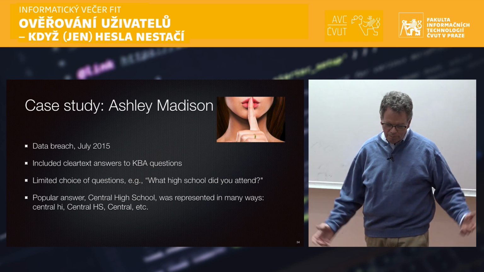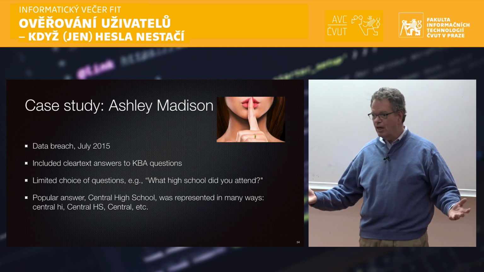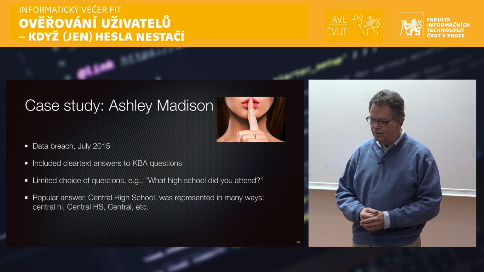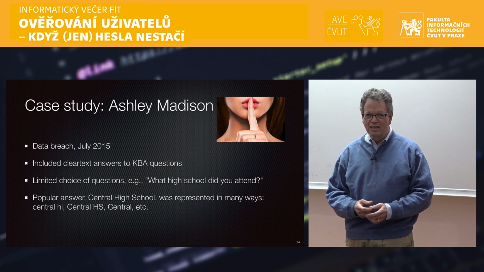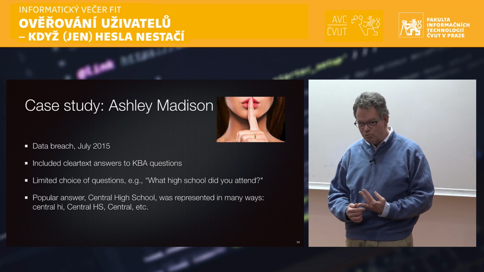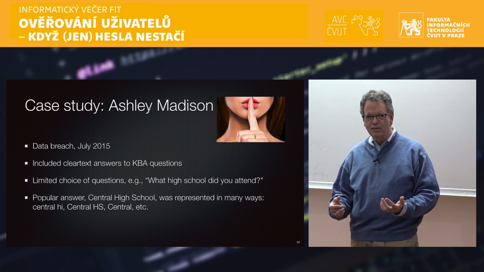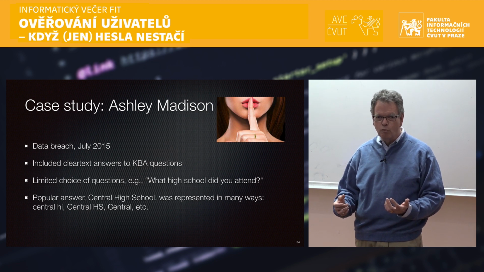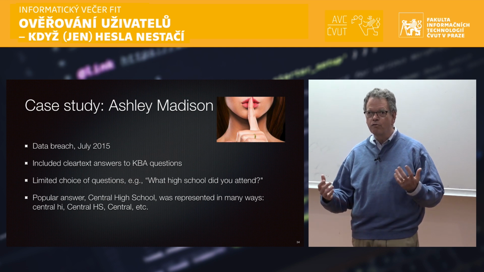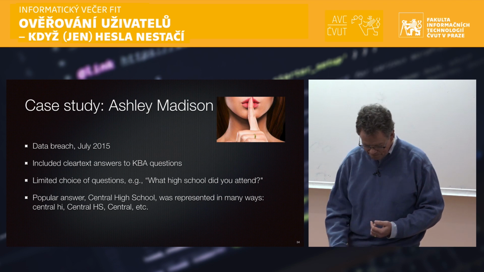One popular answer was Central High School. But you look through the database and there was Central High, Central HS, Central, all of these things. So it showed that the answers were intended for an approximate match, and therefore this wasn't going to be hashed.